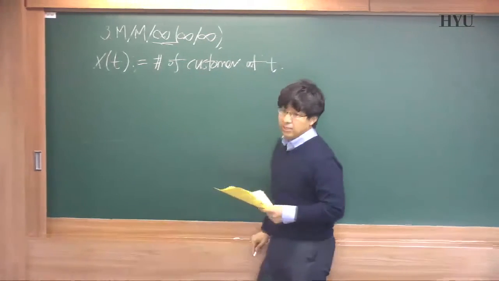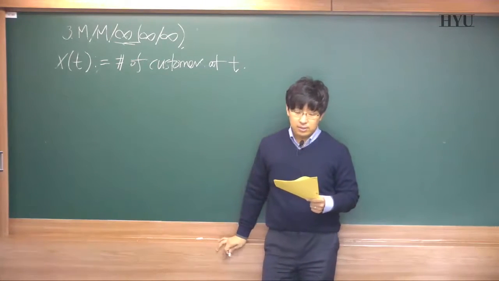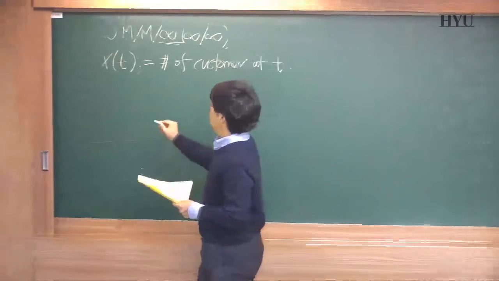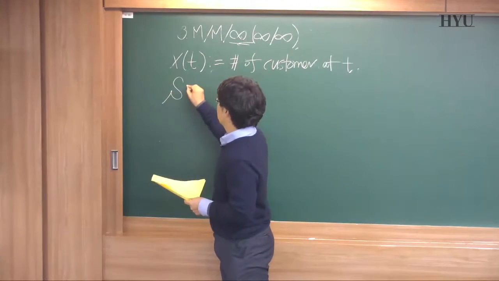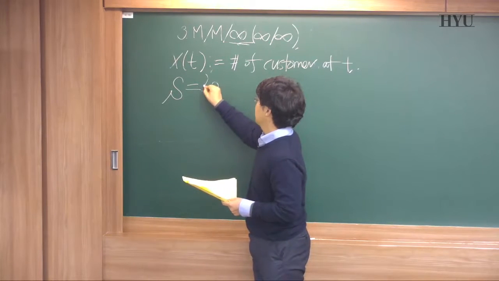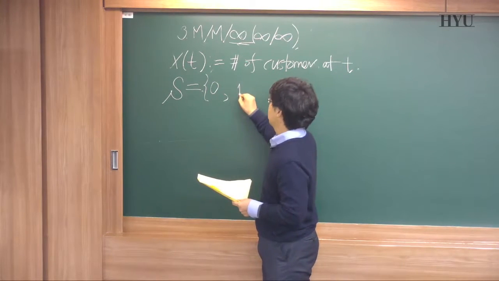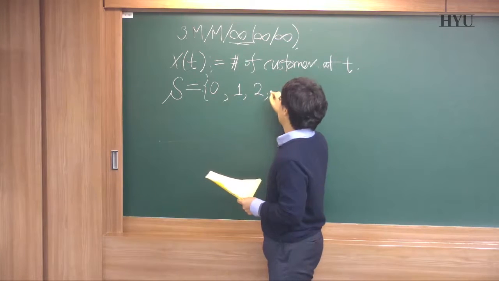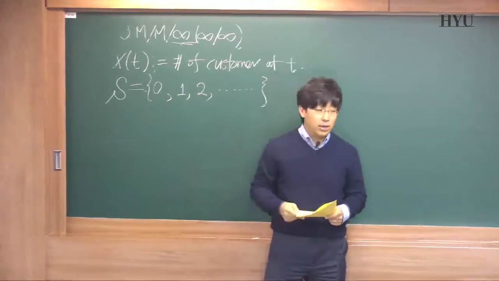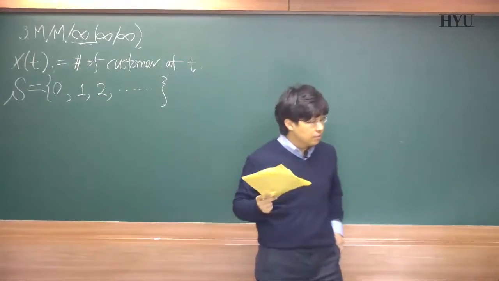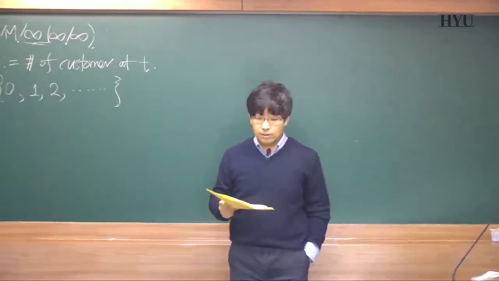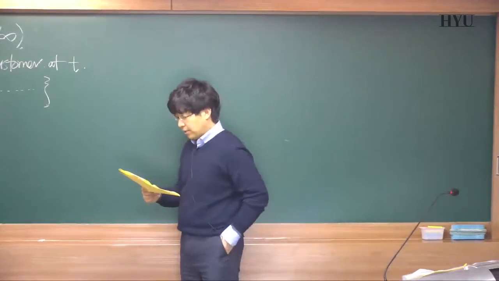How can you define the state space S? 0 to infinity, all the integers from 0 to infinity. By the way, you can see all these materials in your reading material, the same. So you can check.